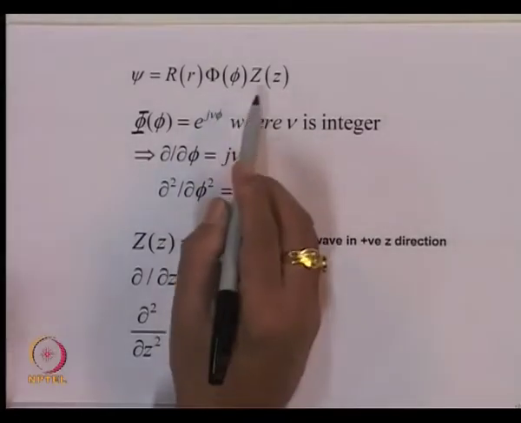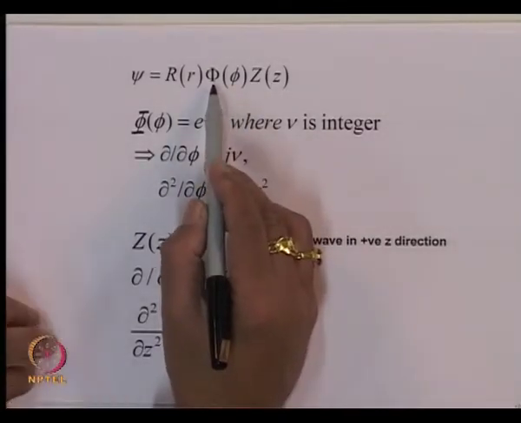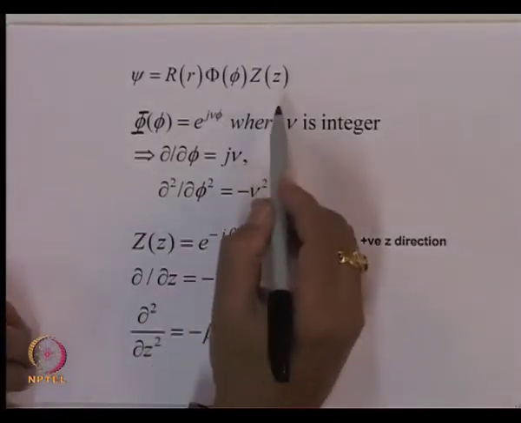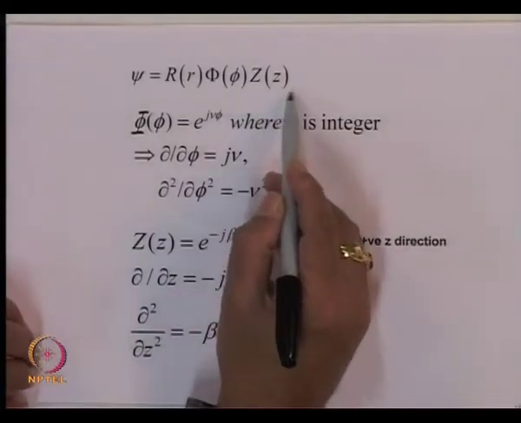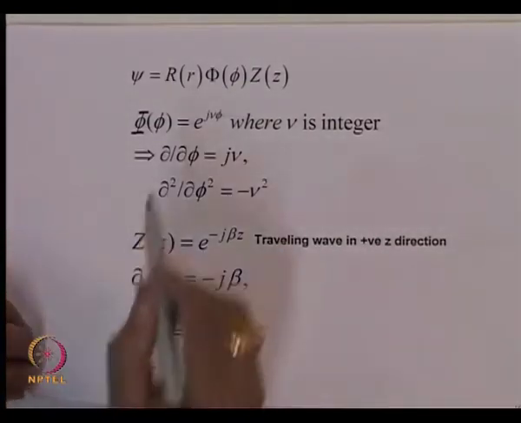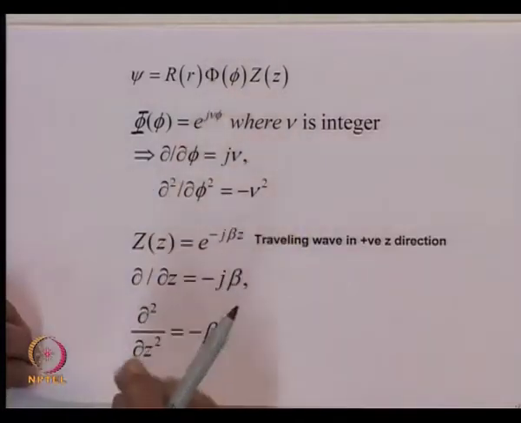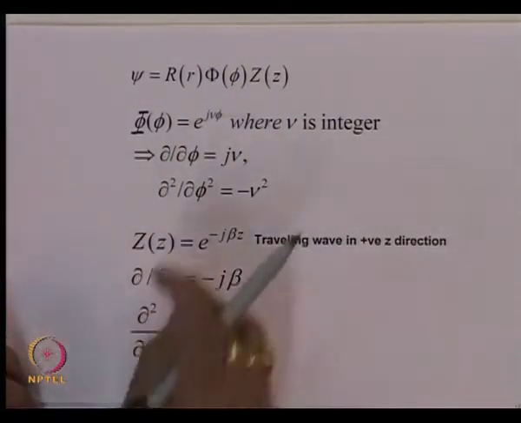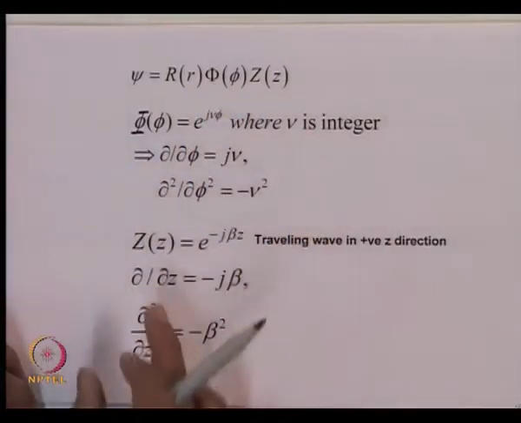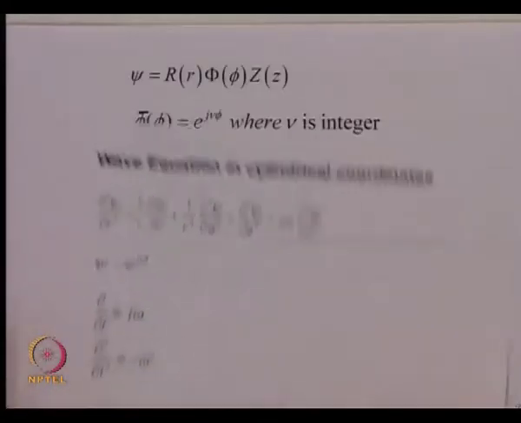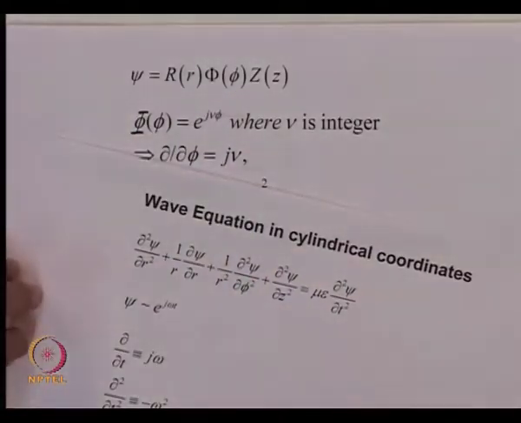One function is phi, which is the azimuthal variation of the fields. Then we have defined the function in the direction of z, which is a travelling wave nature. So only this quantity r now remains to be defined. And this essentially we can find out by substituting this quantity phi and z in the wave equation. Whatever equation we get is what will govern this quantity r.